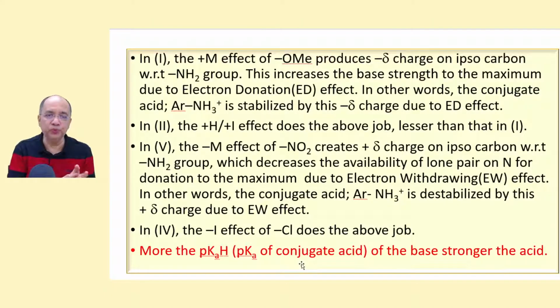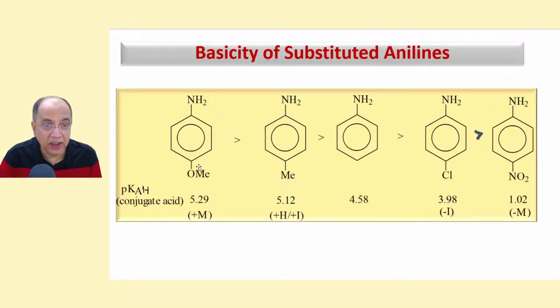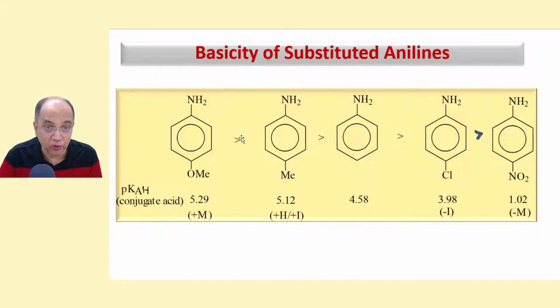Now coming to, I have already explained this to you. If I read out, it will be better for you. In 1, the plus M effect of OMe produces minus delta charge on the ipso carbon with respect to amino.